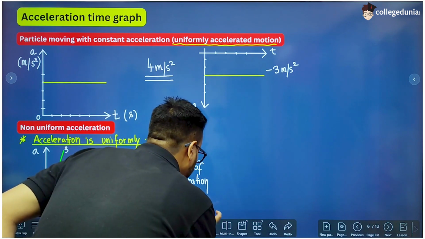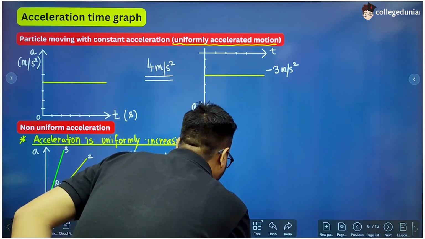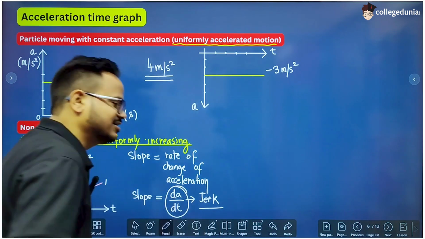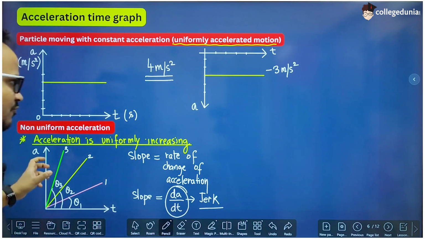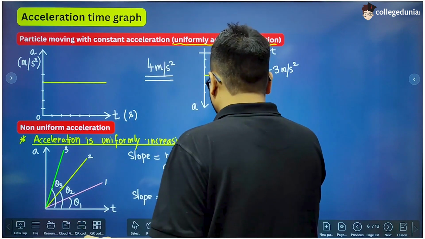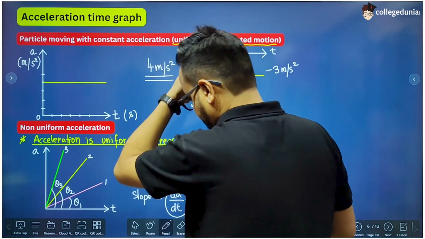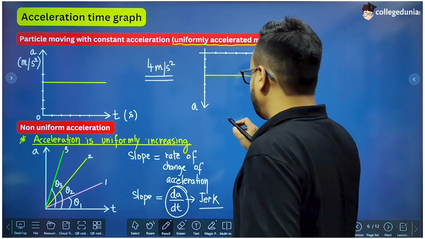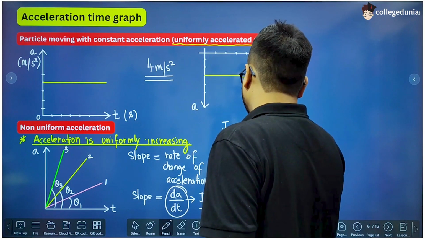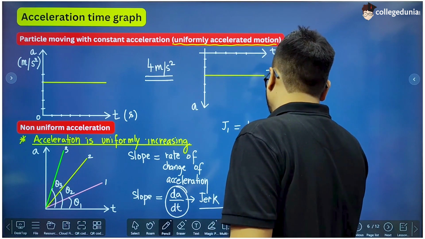And in physics, this dA by dt is called jerk. This is called jerk. So if we have to find the rate of change of acceleration, that is the jerk of particle 1, J1, it will be tan theta 1.